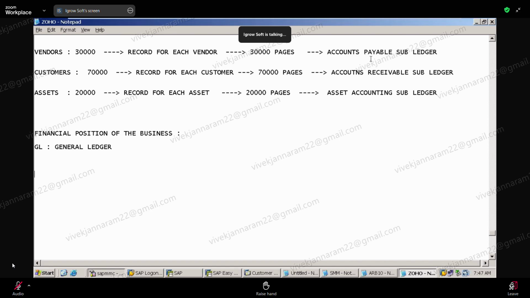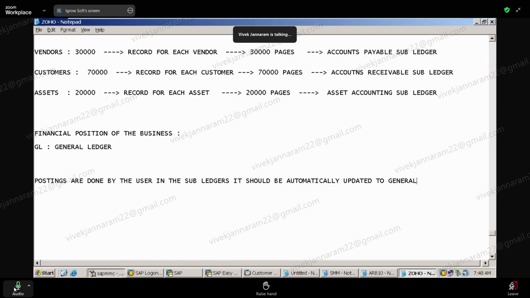So what is the requirement here? Whatever postings are done by the user in the subledgers should be automatically updated to the general ledger on real time basis.